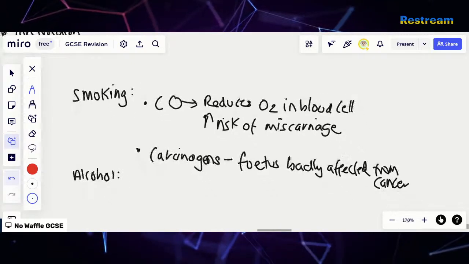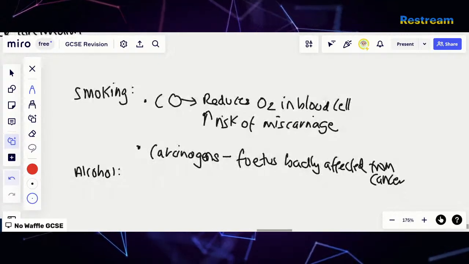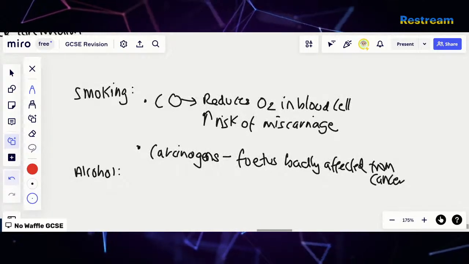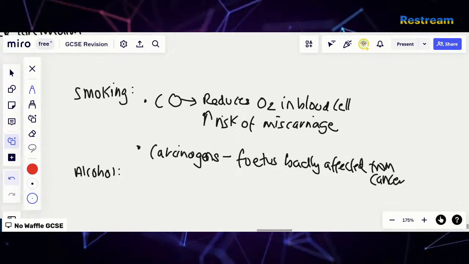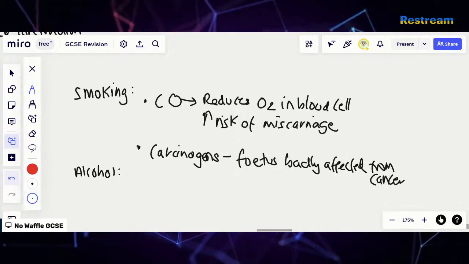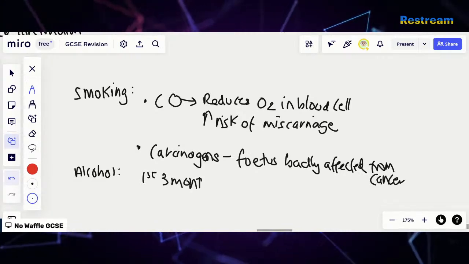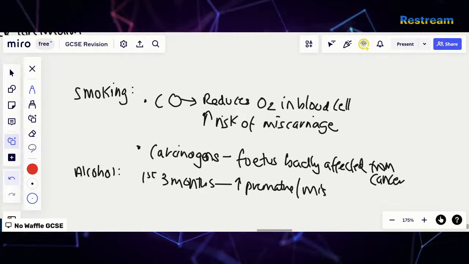Okay, alcohol. Let's talk about alcohol. Alcohol within the first 3 months can increase the risk of having a premature child or having a miscarriage. So, having alcohol within the first 3 months increases the risk of being premature or miscarriage.